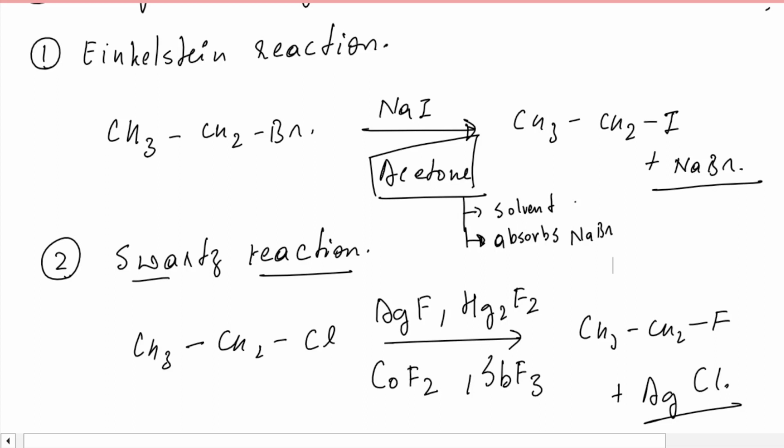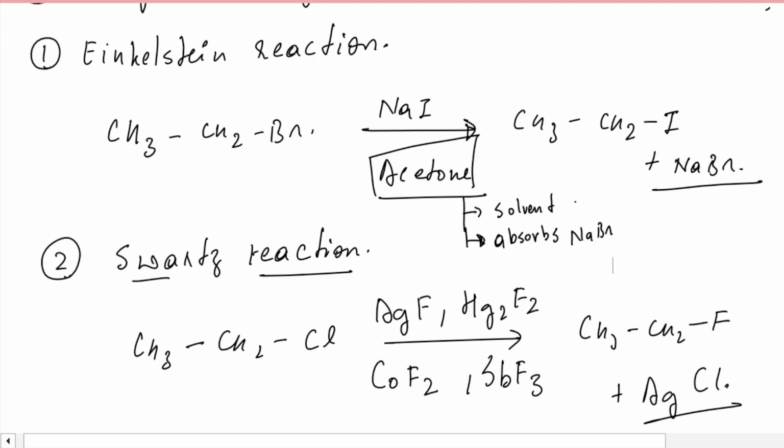Why are halogen exchange reactions needed? The reason is that most of the methods we have discussed in the previous lecture were for the preparation of chloro compounds and bromo compounds. Now, if we need to prepare iodo and fluoro compounds, then we need some specific method.